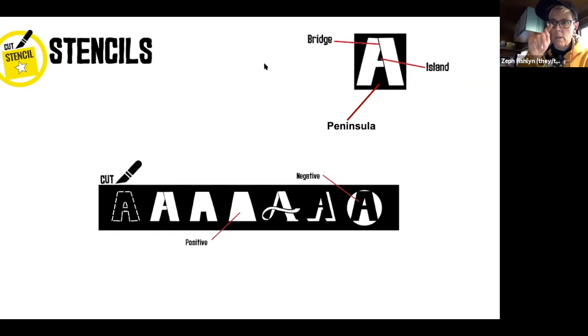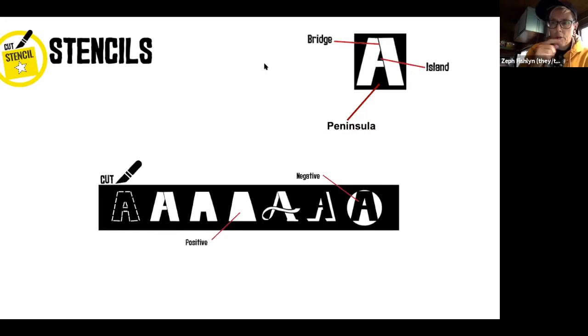And so you have to put in these little lines called bridges that will keep that little triangle intact inside the stencil to hold it, so that when you spray paint through it, you'll still see that little triangle. And that will be part of the negative space of the image.